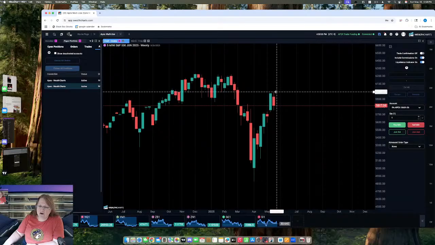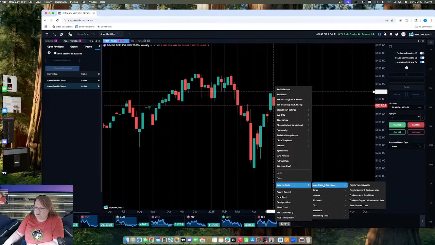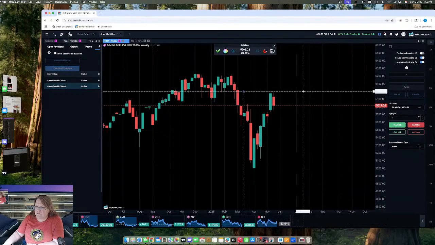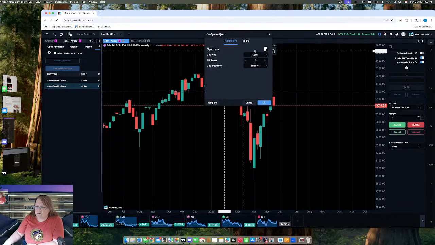But anyway, I usually draw the previous week's high and low. Usually do this on TradingView, but I'm gonna do this here on Wealth Charts if I can figure out how to do it. Let's see here. I think there we go. Drawing tools, lines, horizontal line. So we'll just do that. Change this color here.